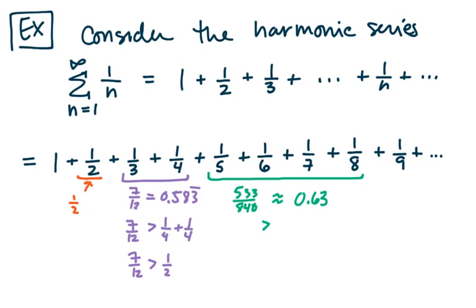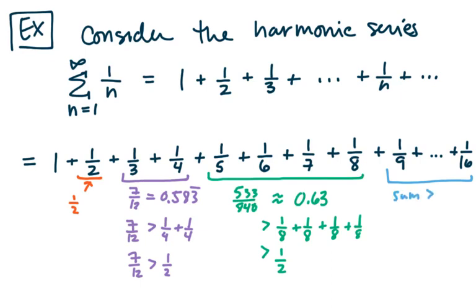So we could say that's bigger than adding 1/8 plus 1/8 plus 1/8 plus 1/8, which is 4/8 or my 1/2. And if I continued this, say I added up the next 8 terms, that same logic would be like saying that this sum is going to be greater than 8/16, or the sum is going to be greater than 1/2.